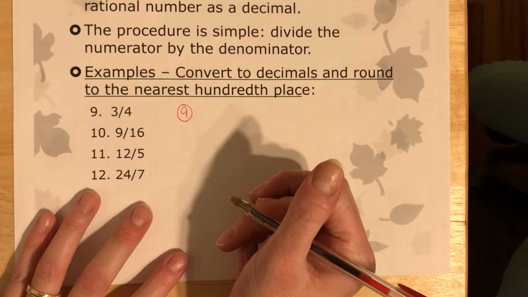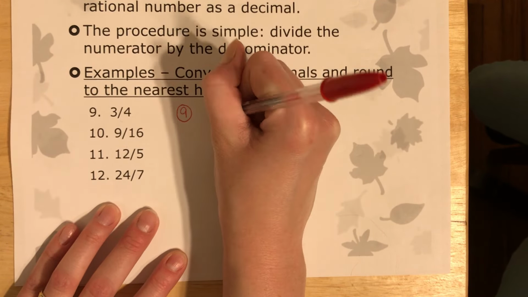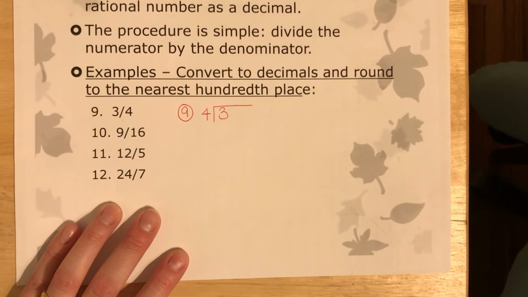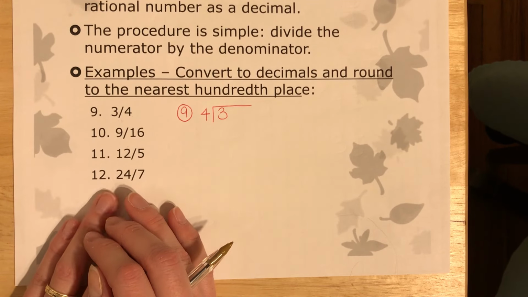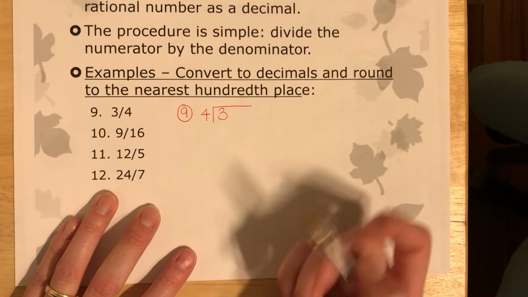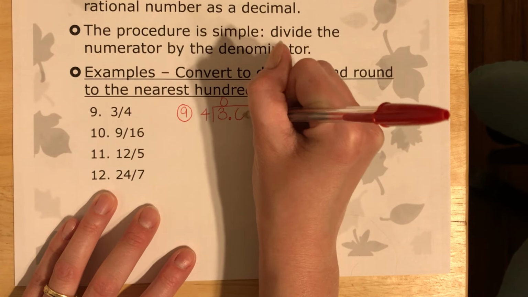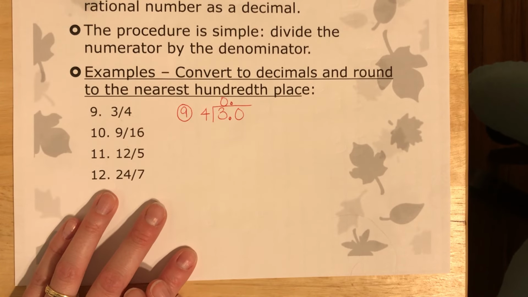The first number goes inside the box, the second number goes outside the box. So I can't do 4 into 3. That's the value of 0. So I'm going to add a decimal and then add a 0. And then I'm going to put a decimal right there in my answer.